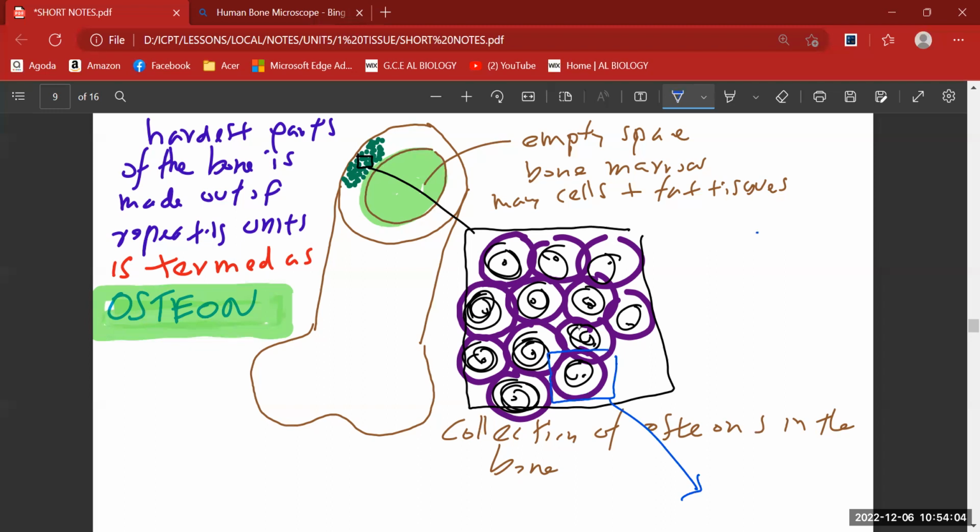Osteons are circular structures, organized very tightly packed to make the bone. Next, we try to see how one osteon looks like and what things we can find in an osteon.